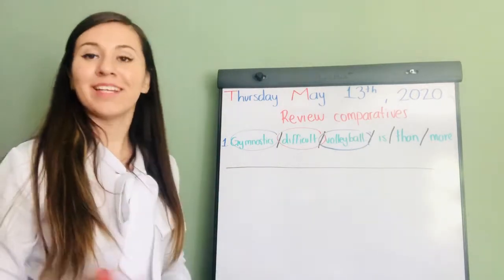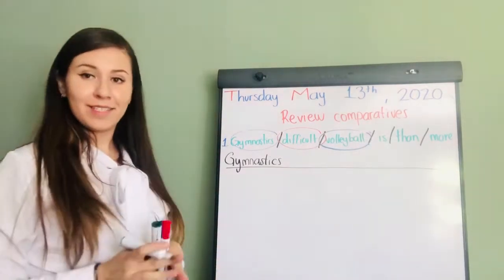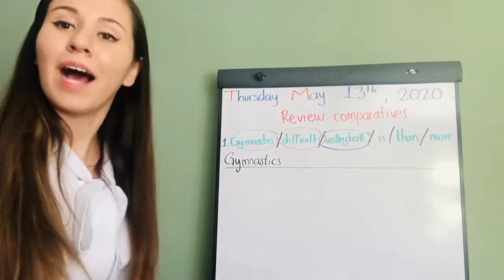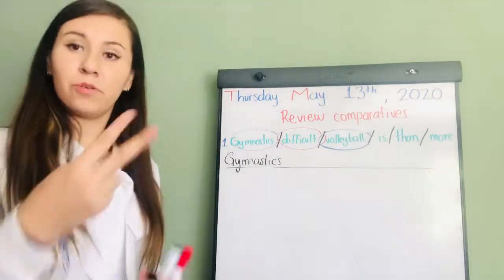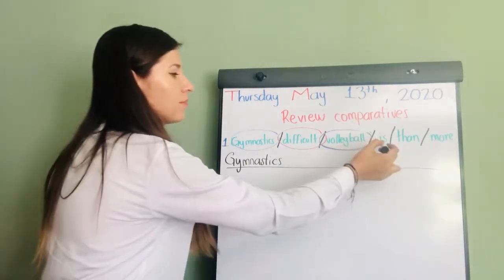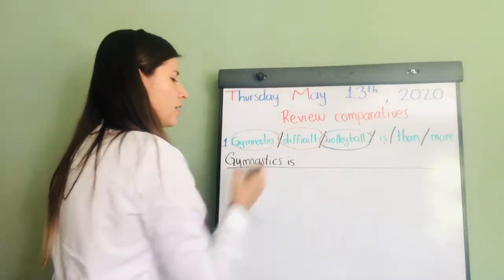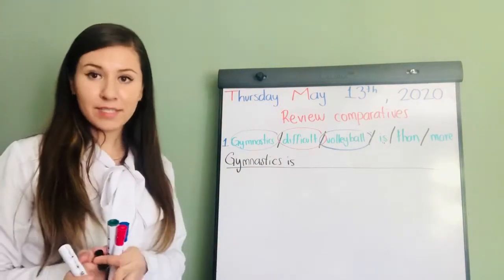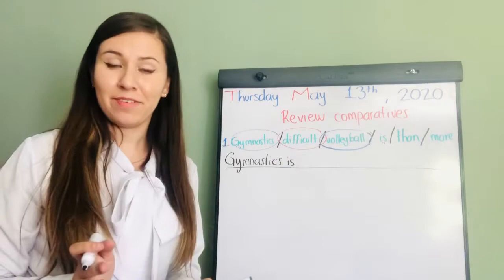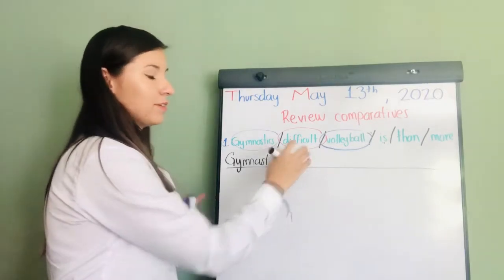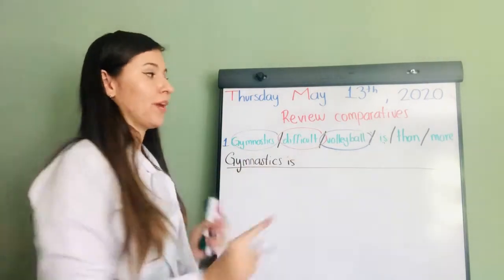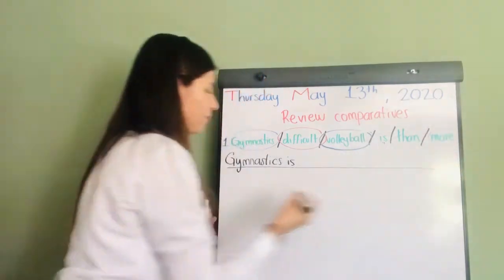So we're gonna start with the first noun, gymnastics. Then we have to add the verb to be, is or are. In this case, we have is. Gymnastics is, and then the comparative. In this case, we have difficult. It's a long word, so we have to use the word more.